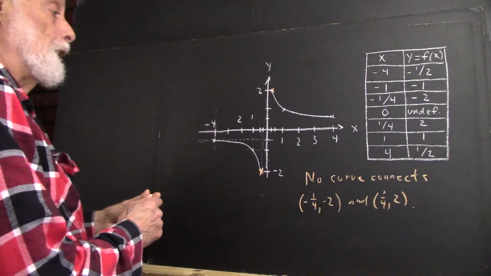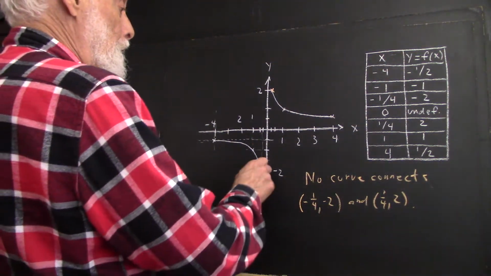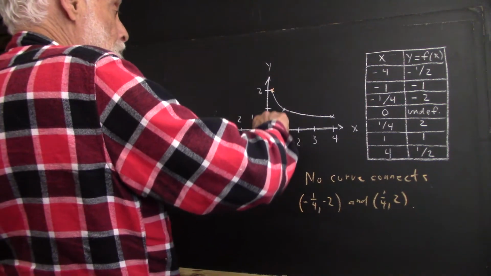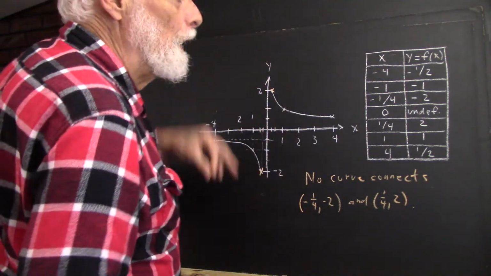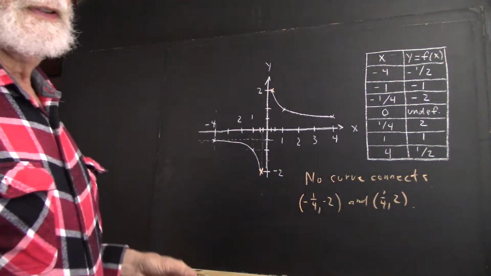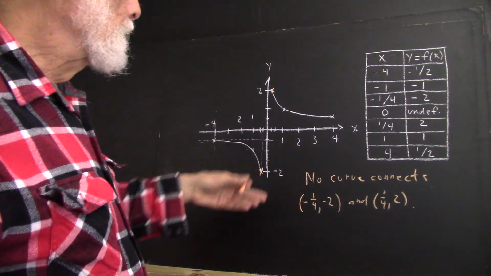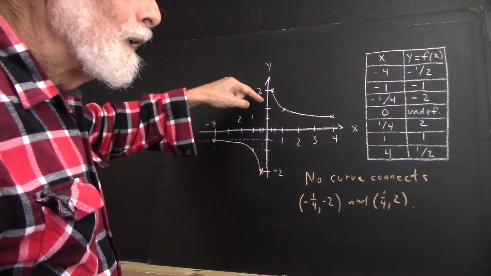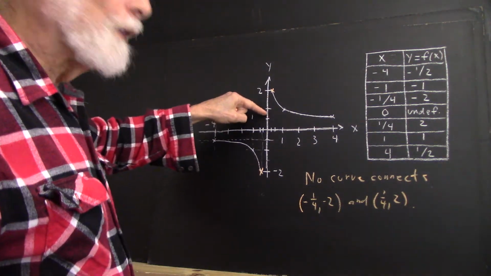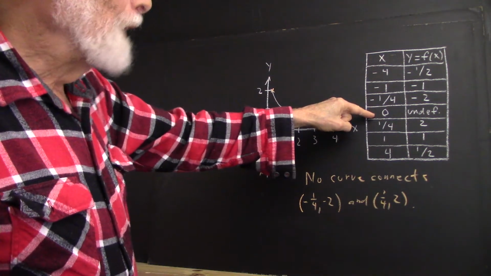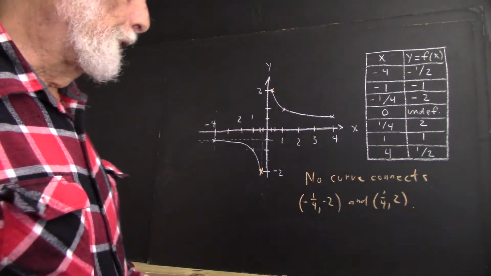If I sketch some kind of a curve, maybe it just turns around here and goes straight up here or whatever, or maybe it goes up here and curves around here, that curve is going to go through the y-axis. The curve can't go through the y-axis, because if it does, at whatever point the curve intersects the y-axis, that's got to be the value when x equals 0, and there is no value when x equals 0.